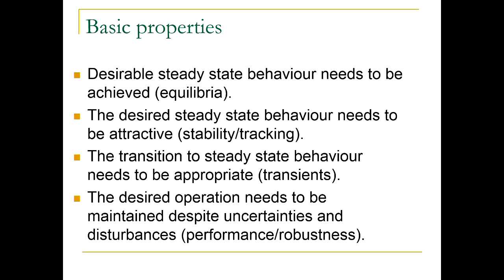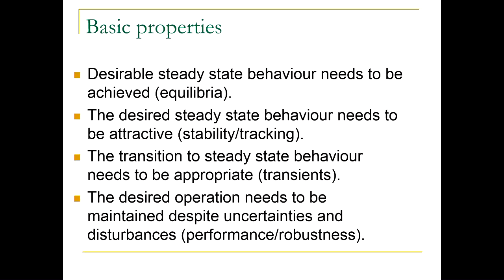So equilibrium in a system is an operating regime that can be maintained for all time. So, for instance, in the room temperature control example, if you can maintain 25 degrees in the room or 18 degrees, well, that's an equilibrium. So an operating regime that can be maintained, it's an equilibrium.